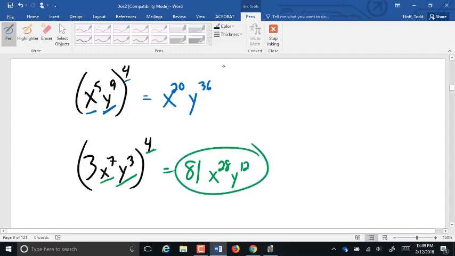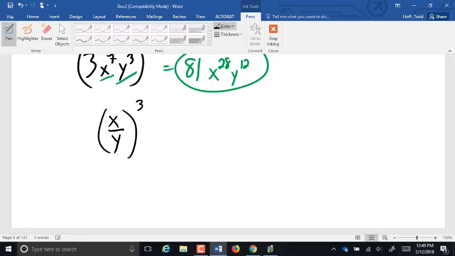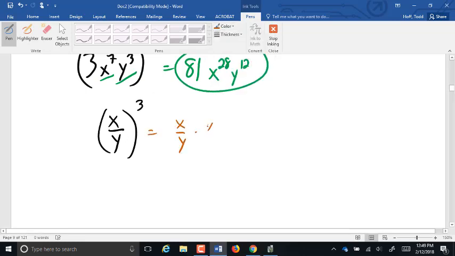What do you think? We could have a fraction, x over y to the power of 3. That's just x over y, 3 of them multiplied together.